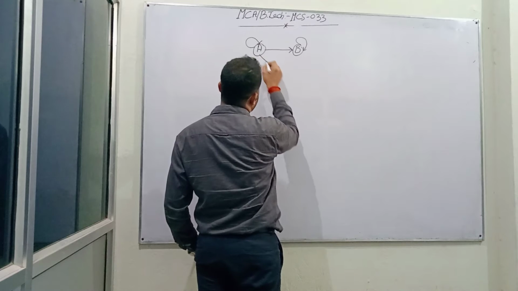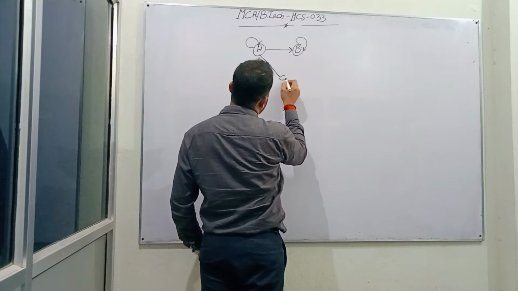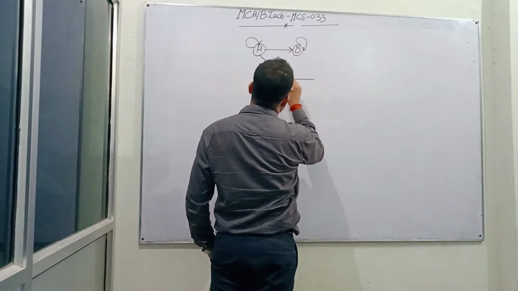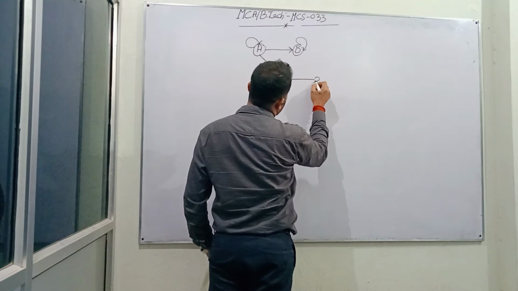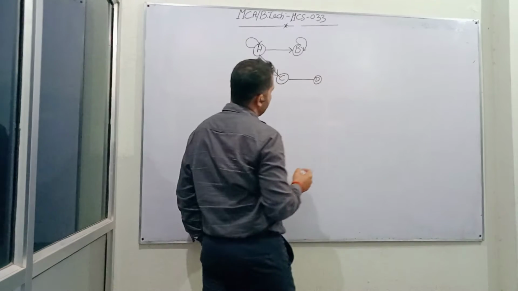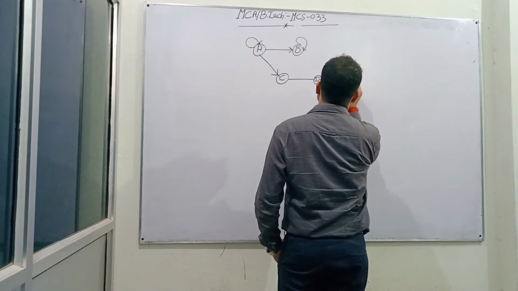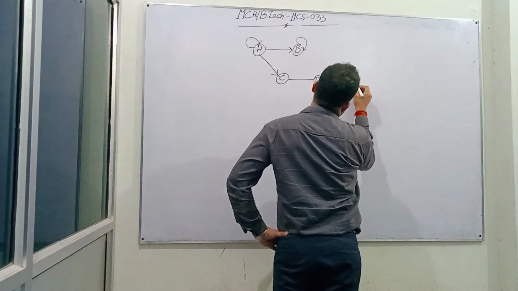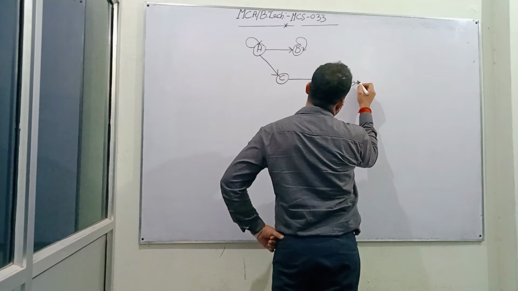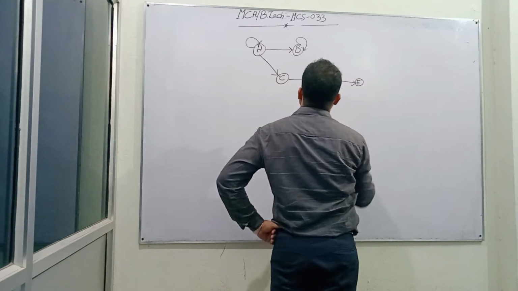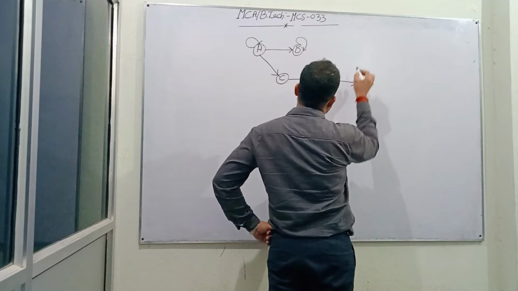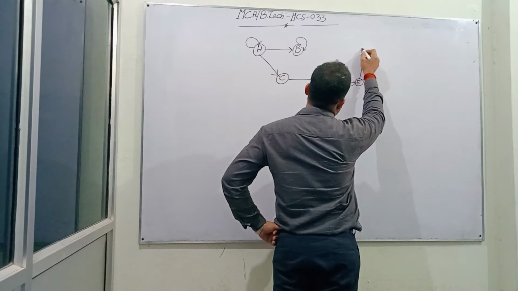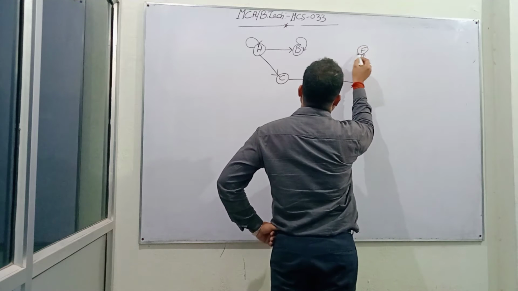But here we can observe C, this one, D, and here we will see E, vertex E, and here we can observe F, vertex F, and that lies on G.